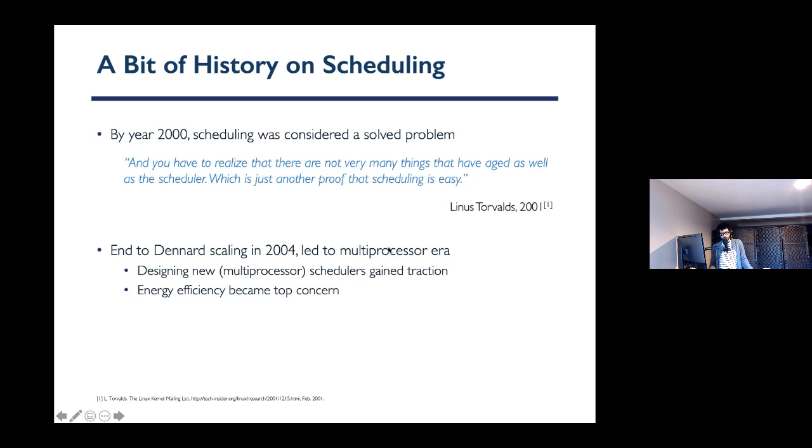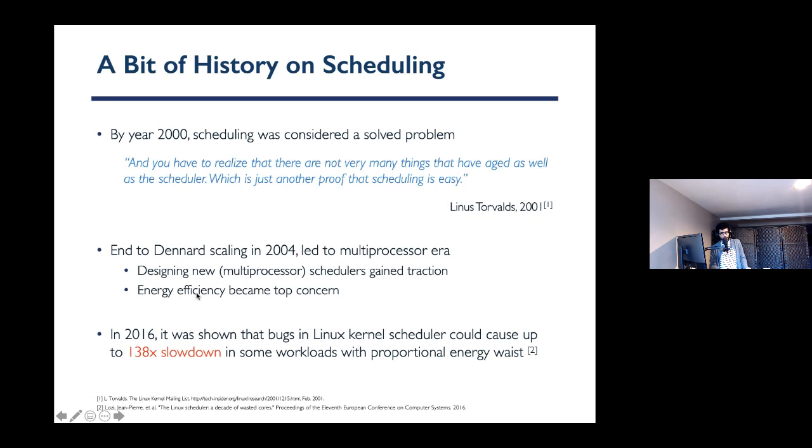When this happened, people started thinking about scheduling again. It gained some traction. At that point, energy efficiency was an issue. That was the main reason we were moving from uniprocessor to multiprocessor. So people started thinking not only about scheduling for performance, but also scheduling for energy efficiency.